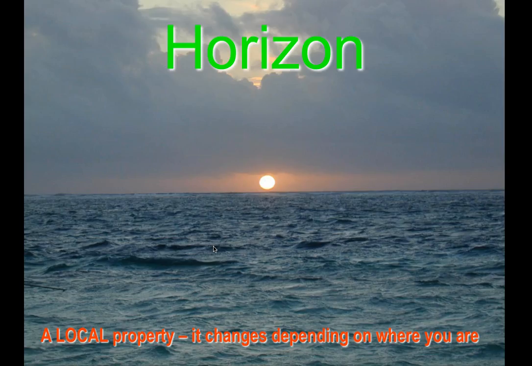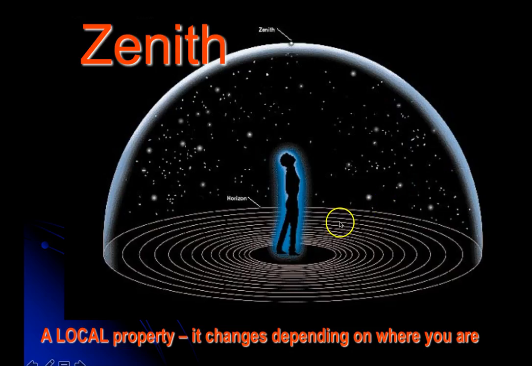So here's a picture of what we would expect for the horizon. The sun is either rising or setting, I can't tell here. But this line along here where the sky and the land meet, that is the horizon. It's a local property. It changes depending upon where you are. The same is true with the zenith. This is a local property.